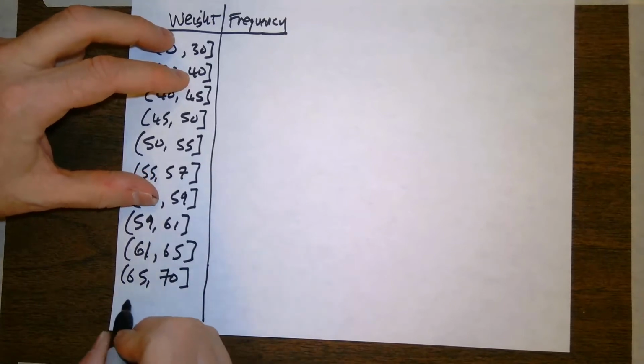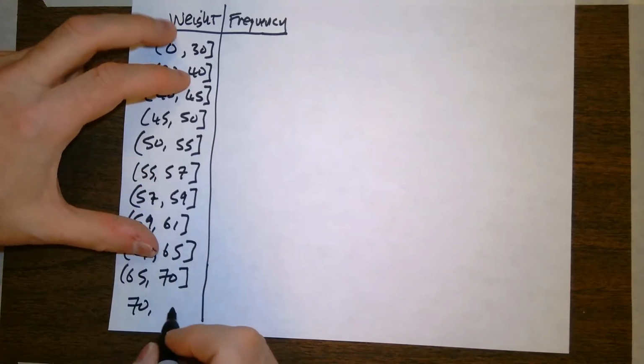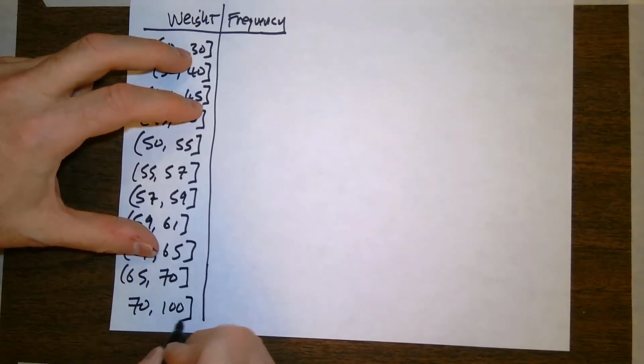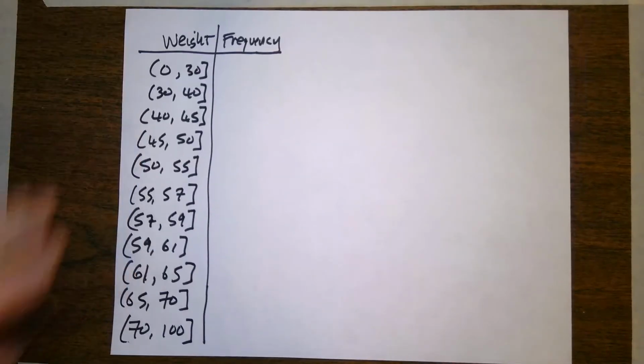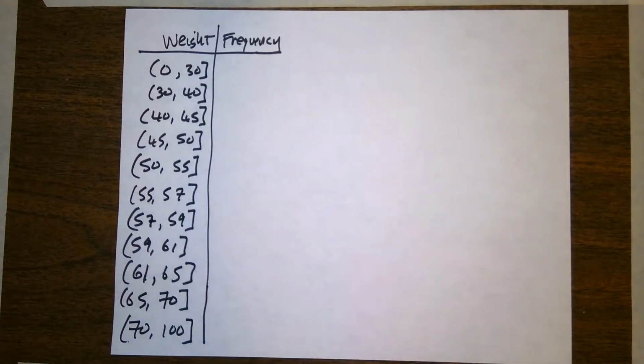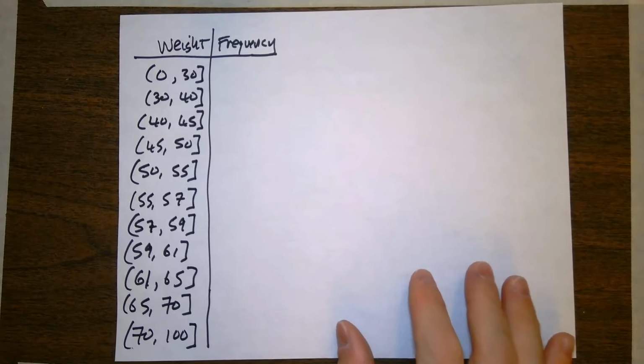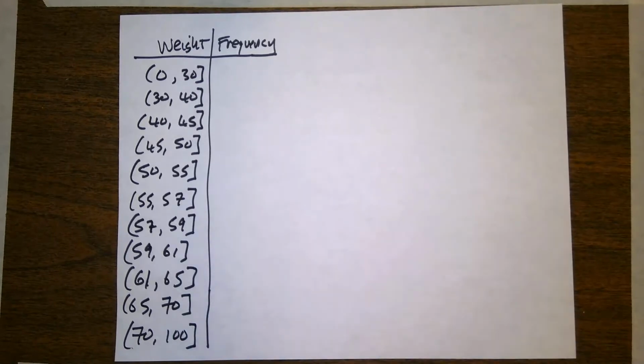And then finally I'm going to go from 70 up to 100. So not all of these classes have the same width. But that's okay. We're going to represent the different widths in the frequency, in the histogram here.